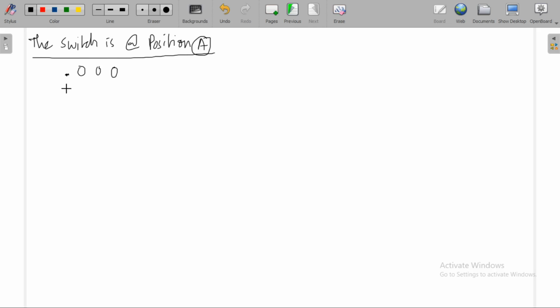The 3 segment display shows 000. Next you are going to have point 001, next point 002, likewise 009.